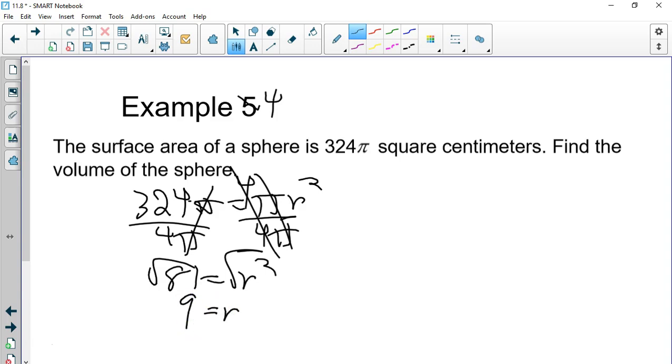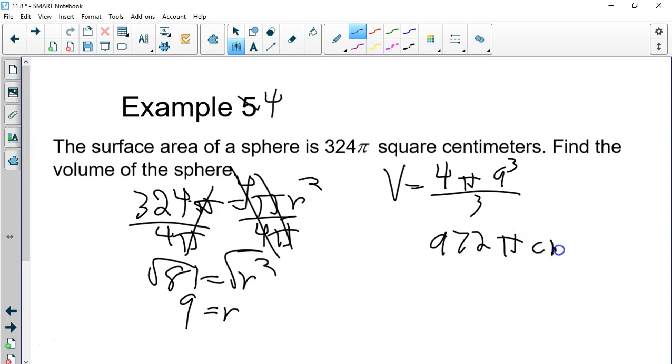Now that I know my radius, I can calculate the volume, which is simply 4 pi r cubed divided by 3. So 9 cubed times 4 divided by 3 is 972 pi, and that's centimeters cubed.